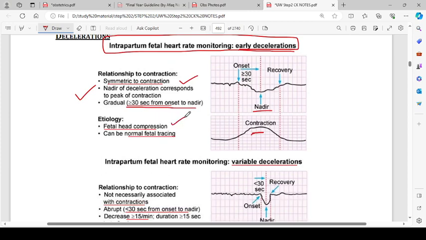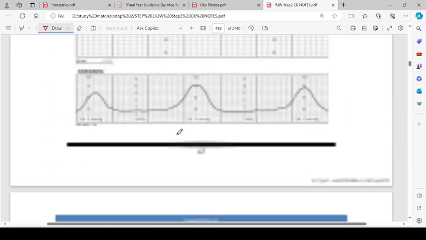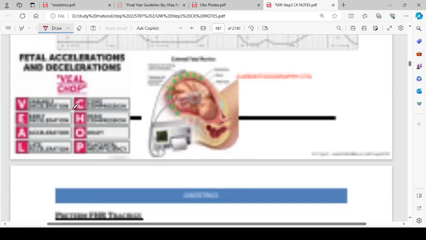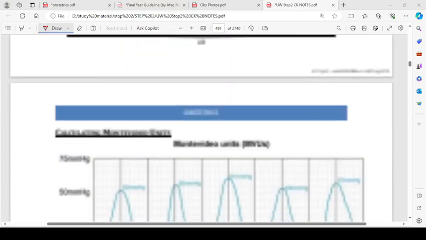Etiology: fetal head compression. Can be a normal fetal tracing. I thought it was because of cord compression. No, actually, early decelerations are because of head compression. I'm sorry. Got it.